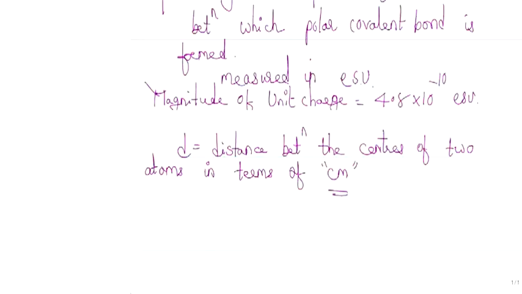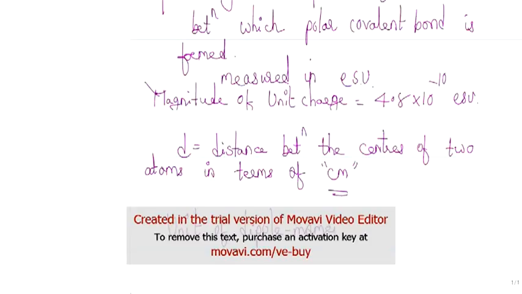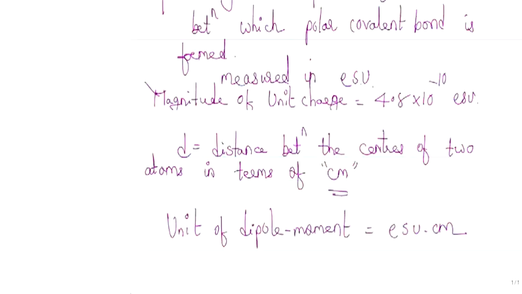Therefore, now we can very easily understand that the unit of dipole moment will be equal to ESU dot centimeter, right? This unit, ESU centimeter, is also evaluated in terms of Debye.